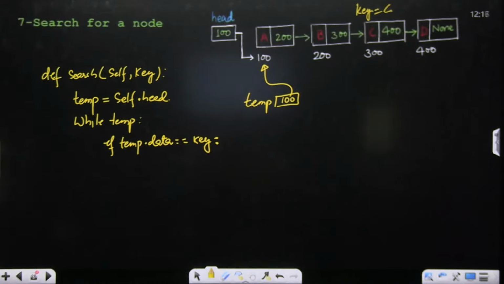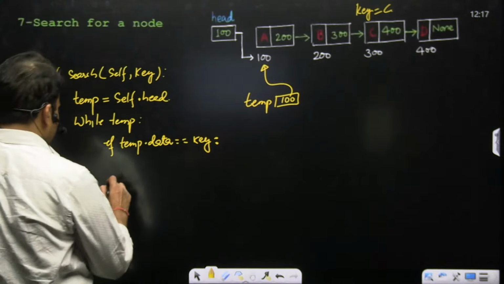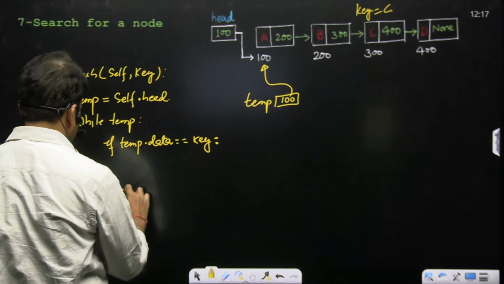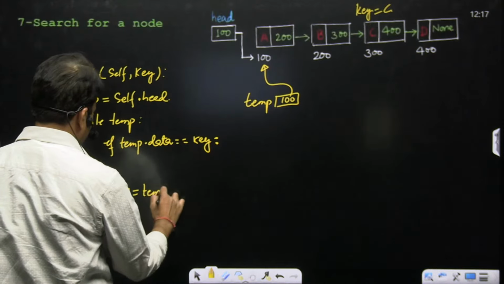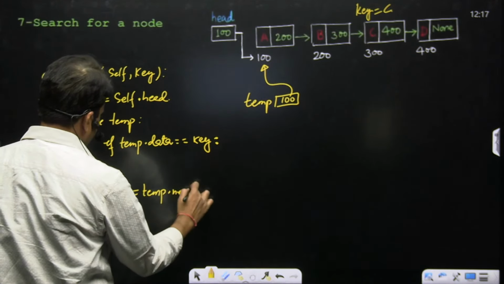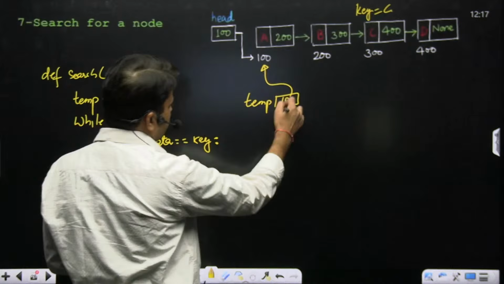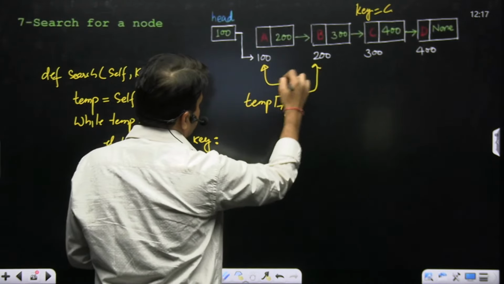Then temp equals temp.next, which is 200. Temp is pointing to this one.